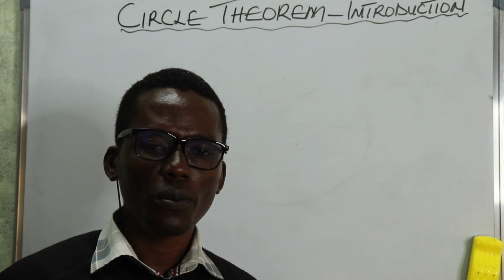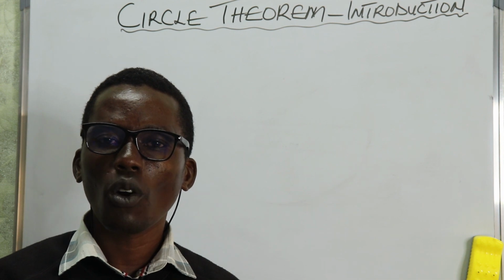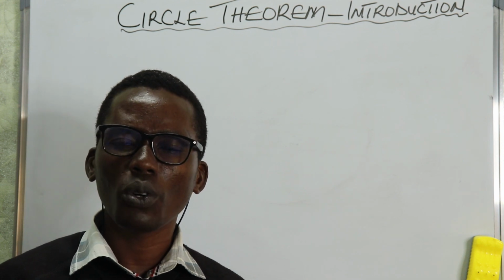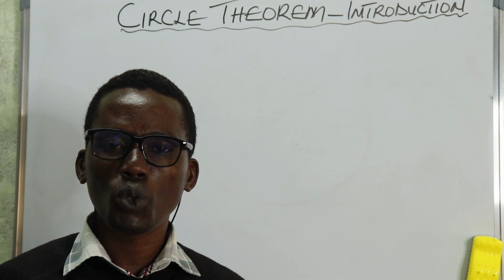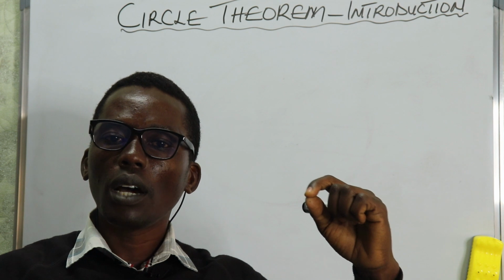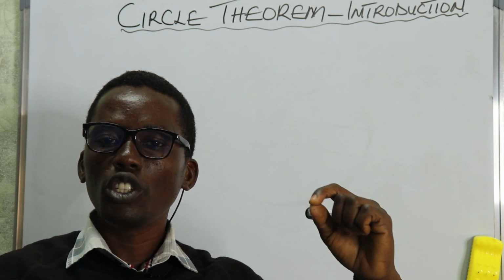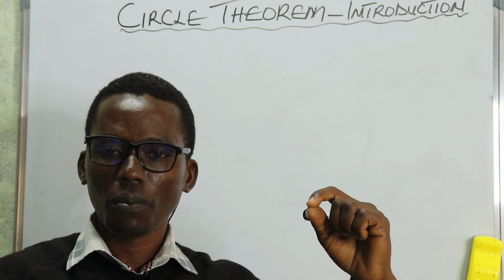Now, let's start off. What do we mean by a chord of a circle? A chord of a circle, as we have discussed in many of our previous videos, is a line that joins 2 points on the circumference of a circle. Now, this line that joins 2 points need not pass through the center of the circle.